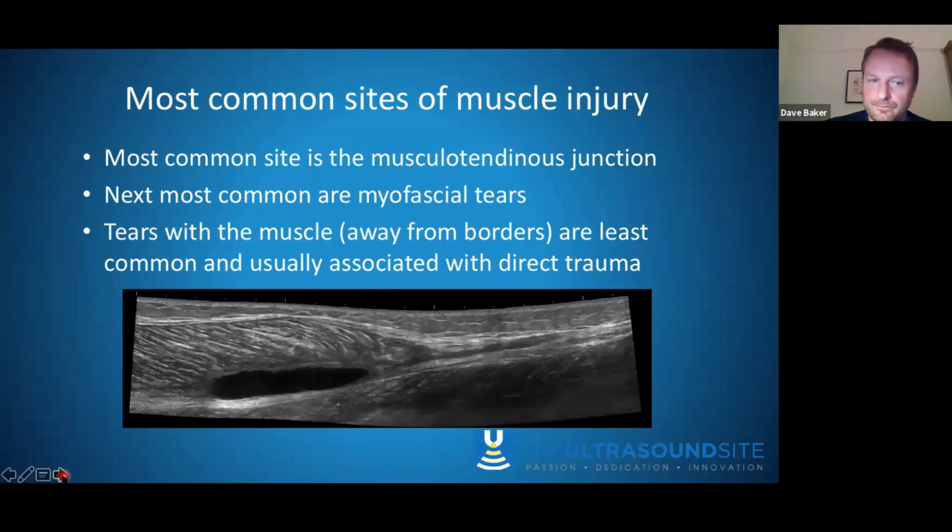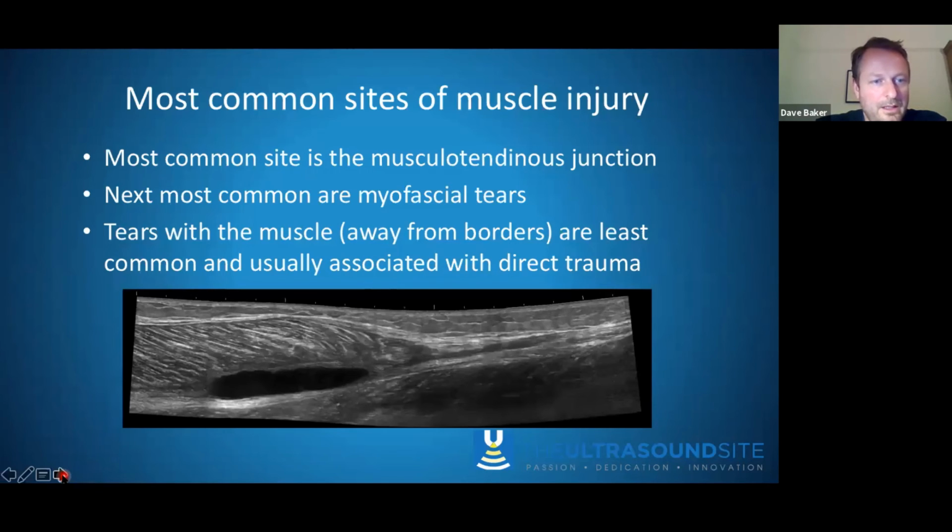One of the things that I think you really start to appreciate with ultrasound is that muscles and most other structures don't tend to tear or disrupt at some random point in the middle of a muscle. It's almost always around an edge or an attachment. So we can see here that the muscle has almost avulsed away.